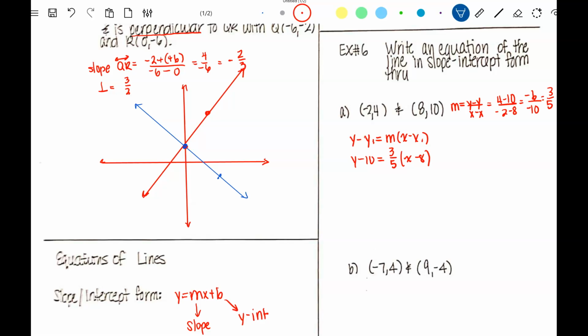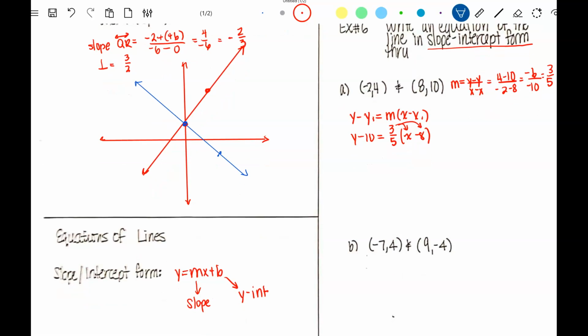And it says to put in slope-intercept form. So we're going to solve it for y. That means we've got to distribute. So we have y minus 10 equals 3/5 x minus 24/5, because remember you put the 8 over 1 and then multiply straight across.